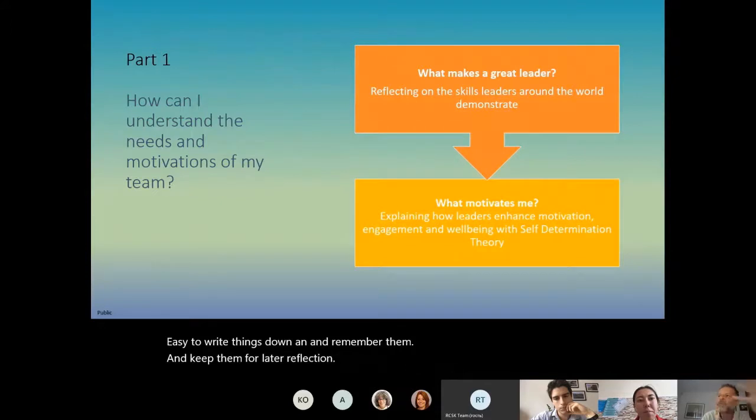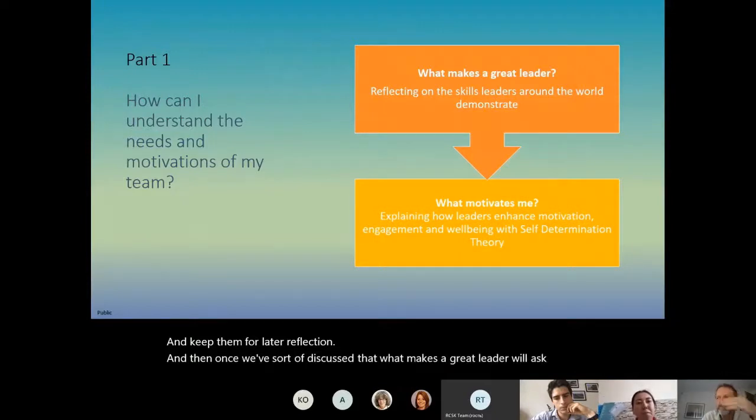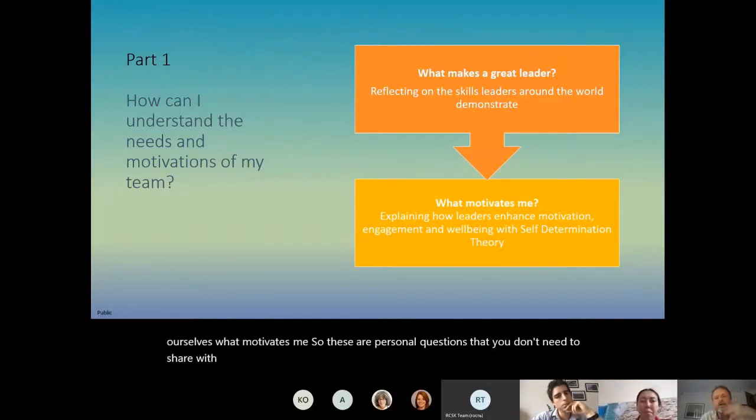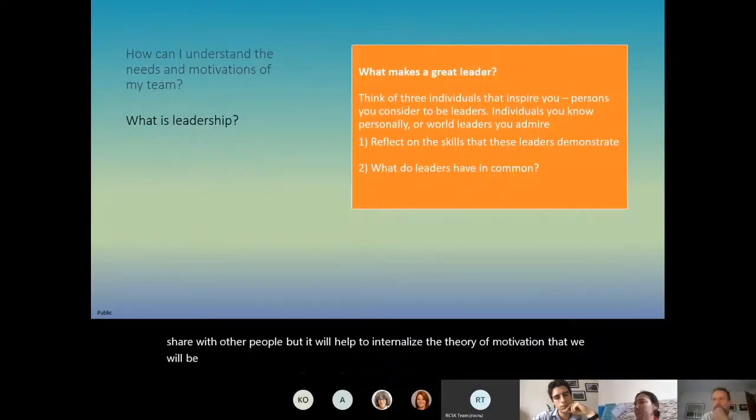And then once we've discussed what makes a great leader, we'll ask ourselves, what motivates me? So these are personal questions that you don't need to share with other people, but it will help to internalize the theory of motivation that we will be using in the system.